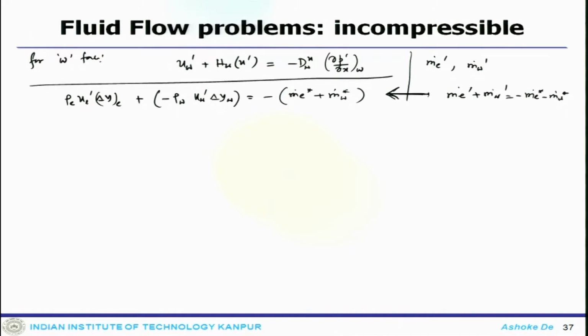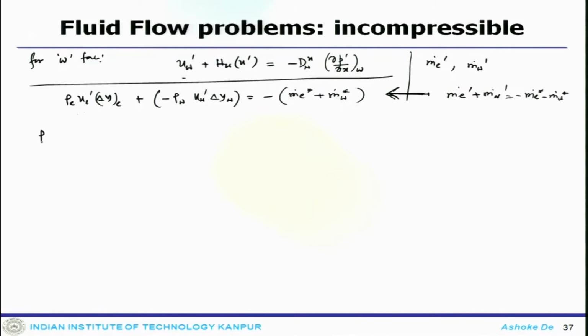Now, we can replace this discrete equation of u e prime and u w prime that we obtained just now and put it back in this equation.